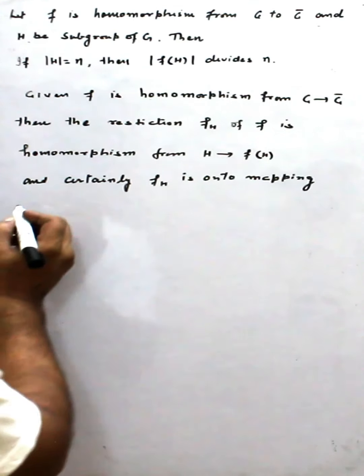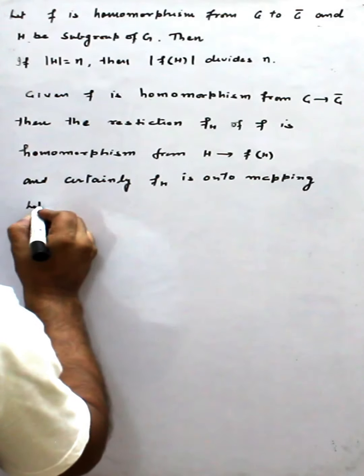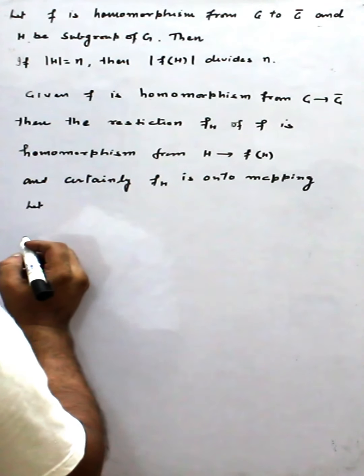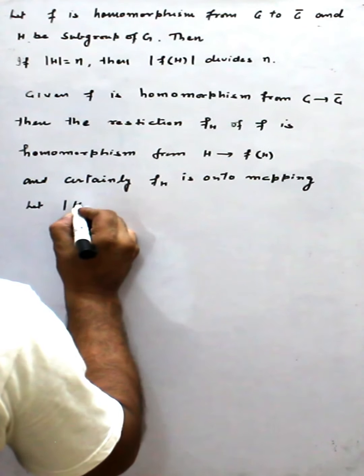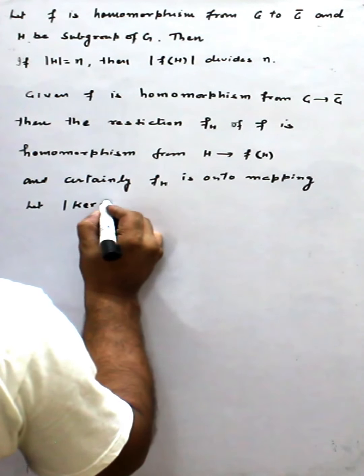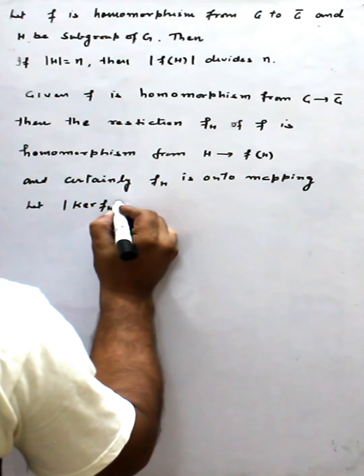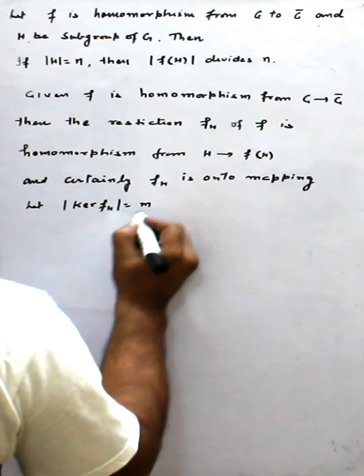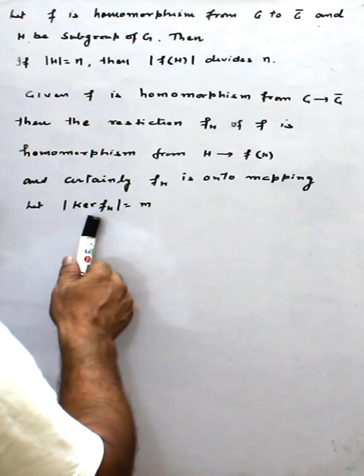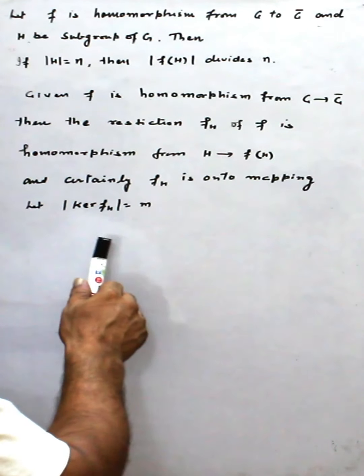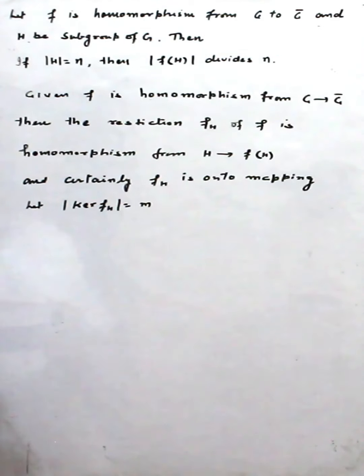So let the kernel of F_H be equal to M. This means the elements of H which are mapped to the identity.